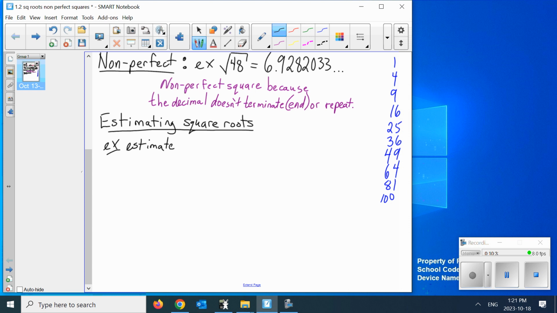We'll go 27. Well, I'm going to put in the other color what you're thinking. Think about two perfect squares that surround it.